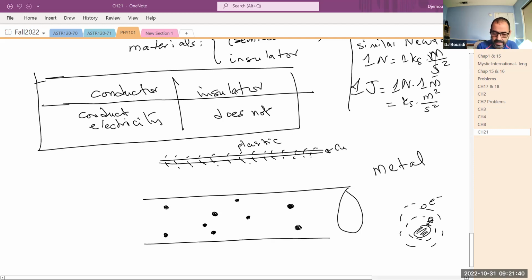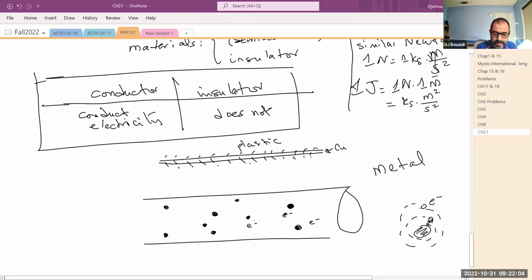So think of the atom as basically a core, and that core includes the nucleus and the inner shell electrons. The inner shell electrons are not free to roam. There are only the outer shell electrons, the valence electrons they are called. Those are the ones that are free to move.